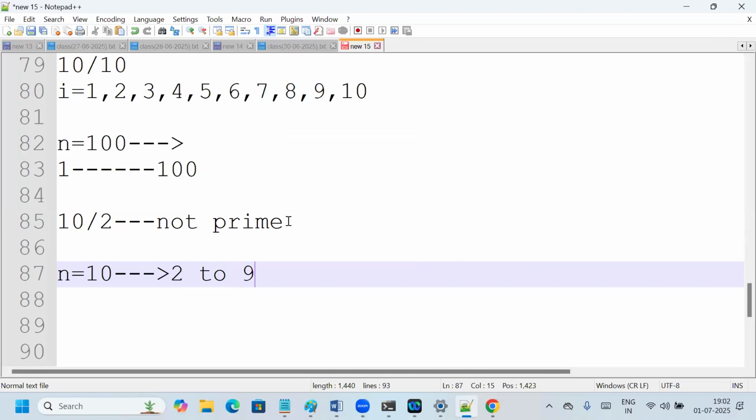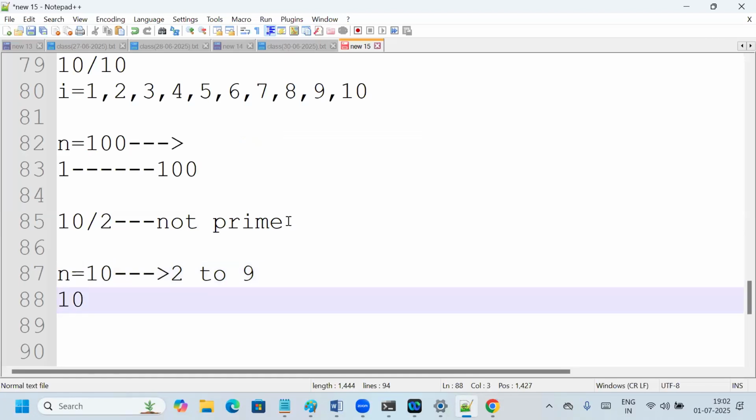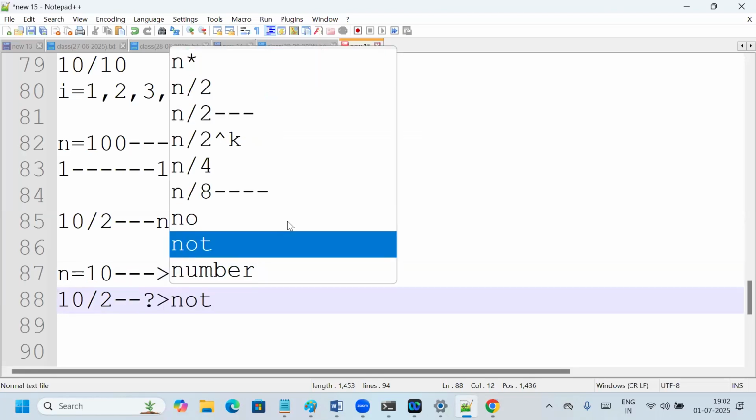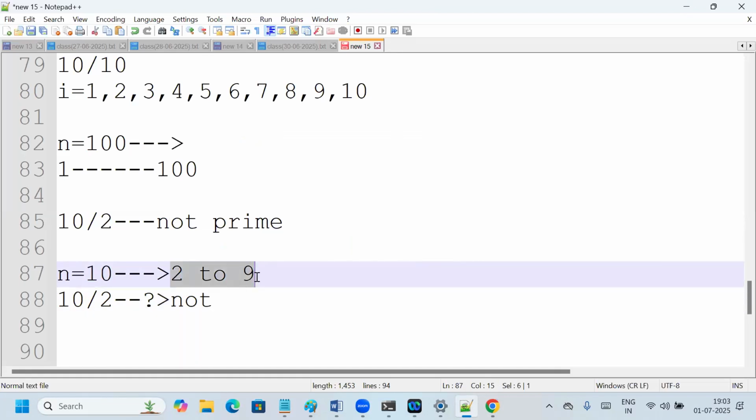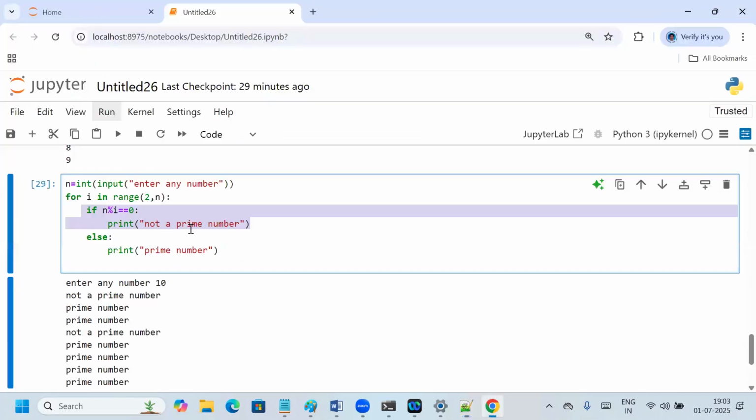Agree? Now guys, tell me, if 10 is divisible by 2, we know that it's not a prime. So why should I check for 3, 4, 5 up to 9? By one comparison only I will get to know. Yes or no? So if 10 is divisible by any of the numbers, we don't need to check further. Correct. So what I will do guys, once it is divisible by any other number, I have to come out of this loop.